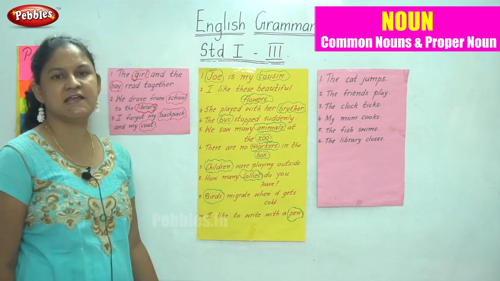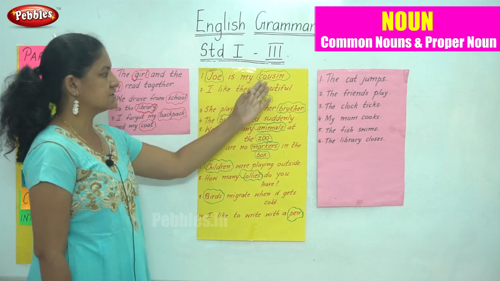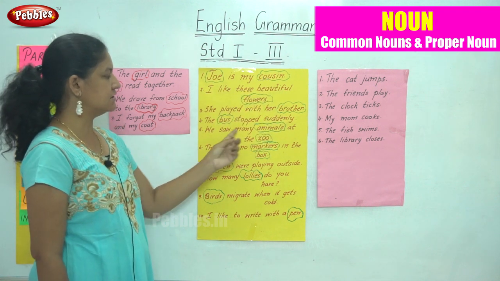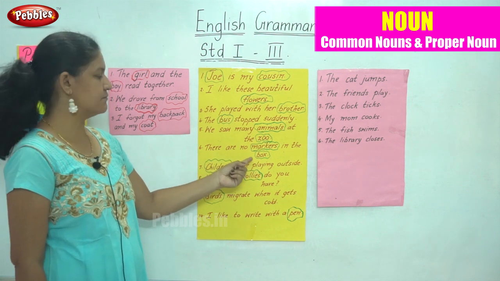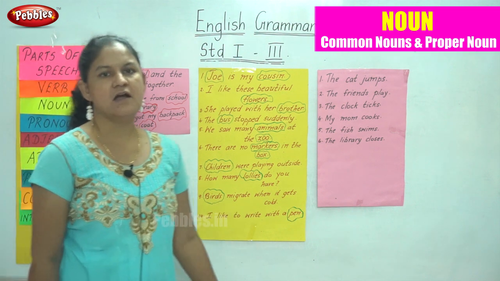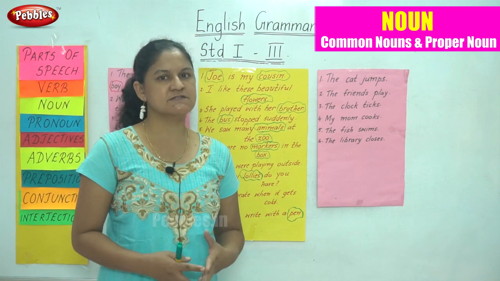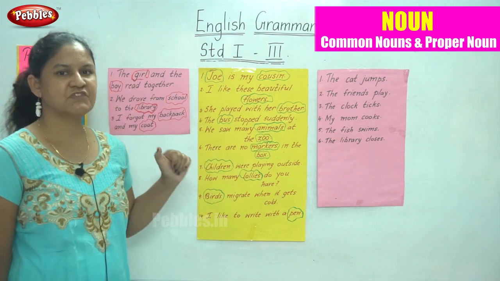So pen is a name of a thing and is a noun. So the words Joe, cousin, flowers, brother, bus, animals, zoo, markers, box, children, lollies, birds, pen are names of persons, places, animals or things and are nouns in the sentences.